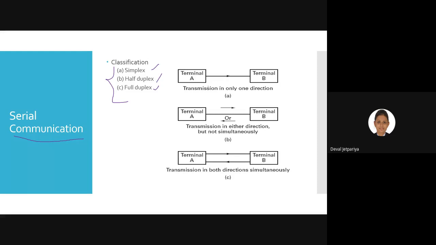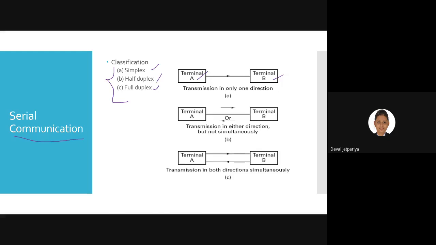See, in simplex, we are only able to have communication from one to another, right? We will not have vice versa communication. So here one terminal will always be treated as a source and another will always be treated as a destination. Over here, terminal A is treated as a source and B is treated as a destination.